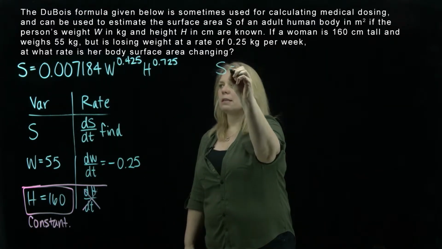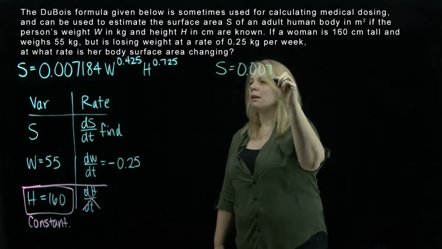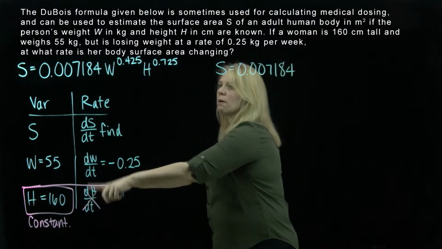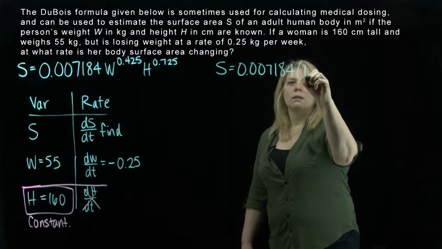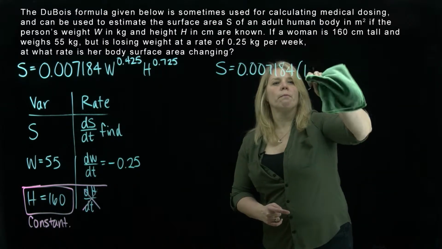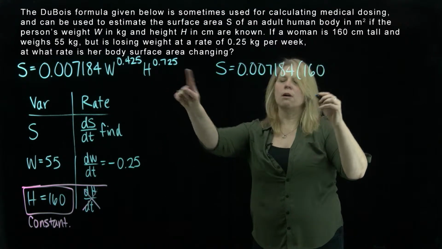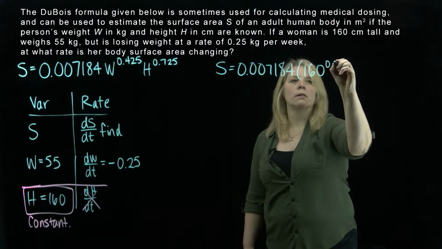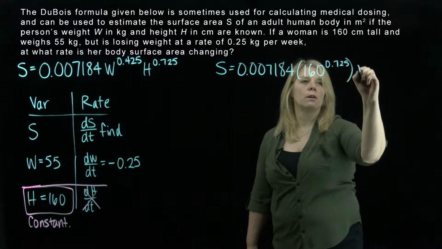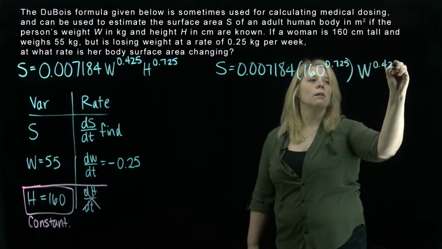So we'll have S equals, make sure I get this decimal number written correctly, 7184. I'm going to put the 160 to the 0.725 in front, and then my W to the 0.425 here.